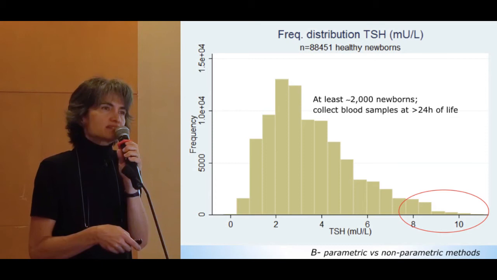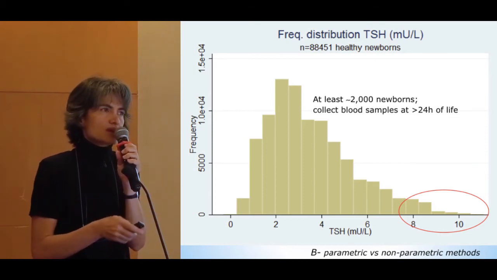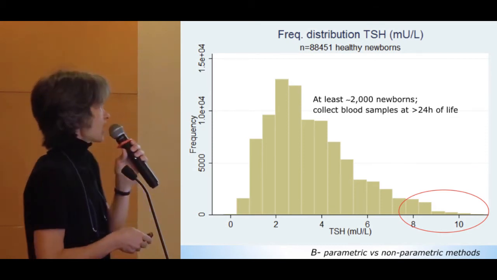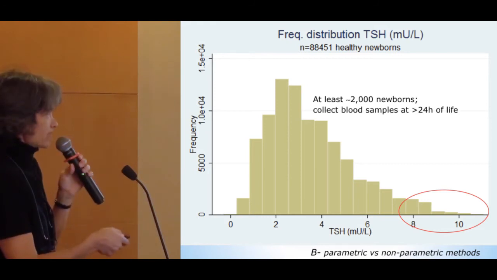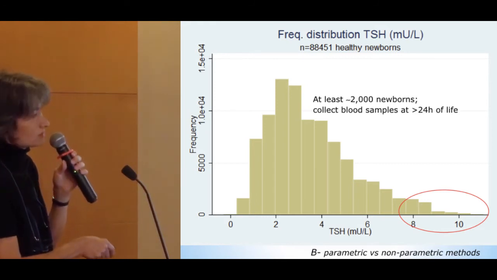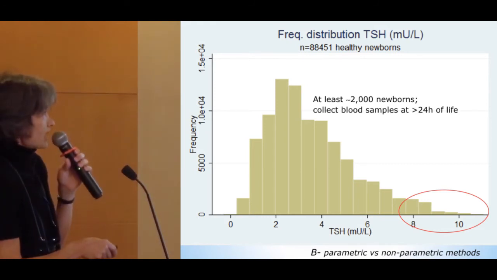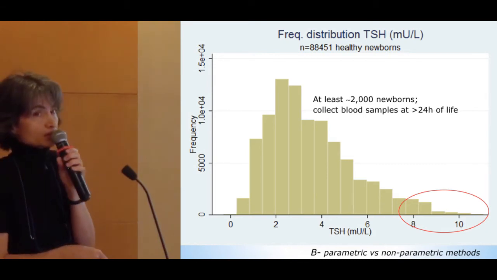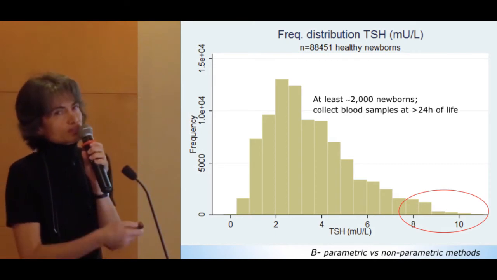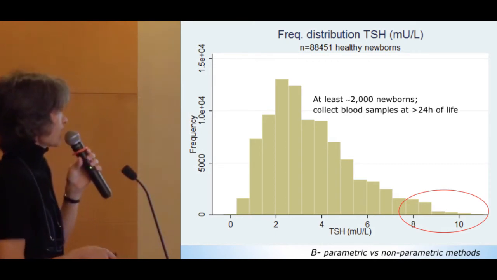But let's say that 2,000 is okay. Of course, you have to collect according to the instruction manual, and I recommend you collect when the baby is at least 36 hours of life, okay?